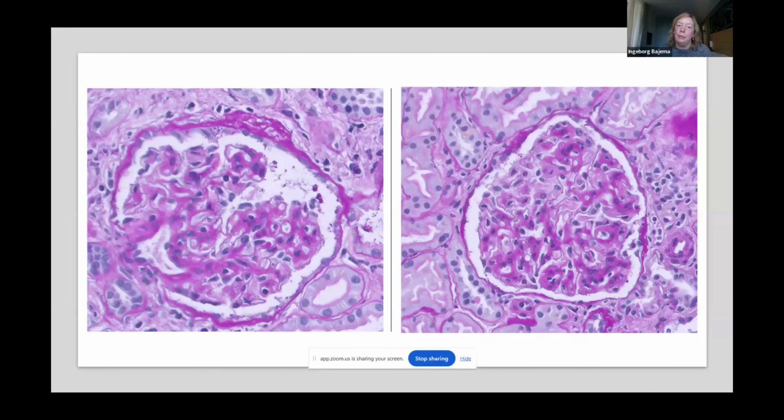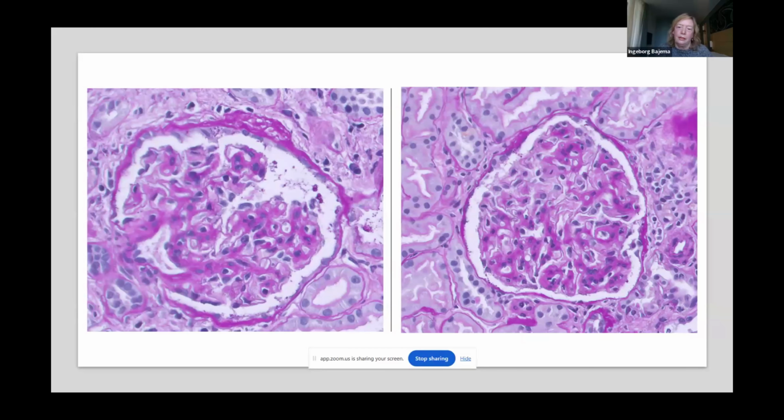What we should keep in mind, when we think of day-to-day clinical pathology, is that I'm going to talk about the lupus nephritis classification in a minute, which essentially is a classification in which lupus nephritis is classified into different patterns.